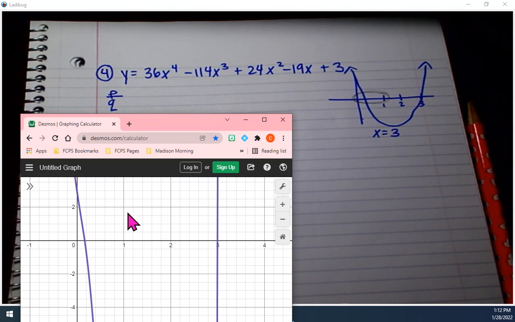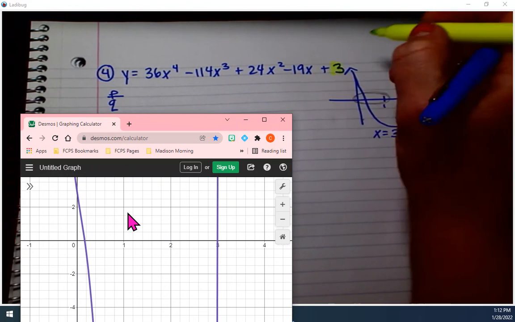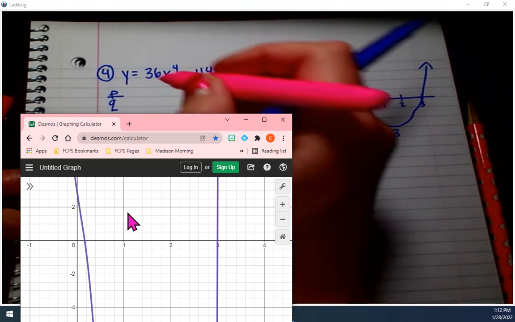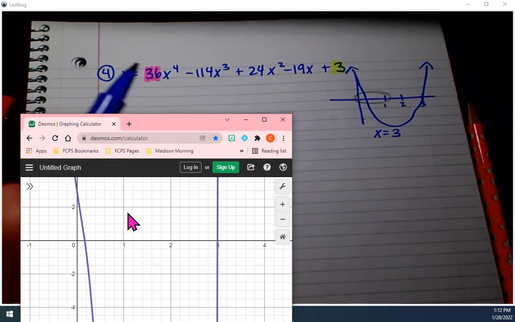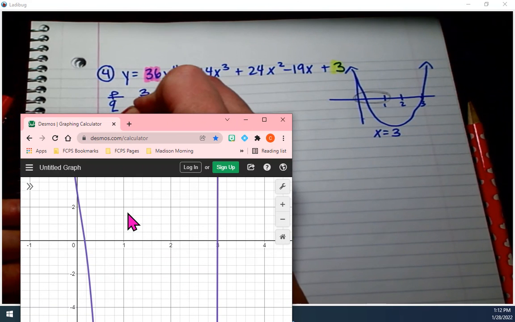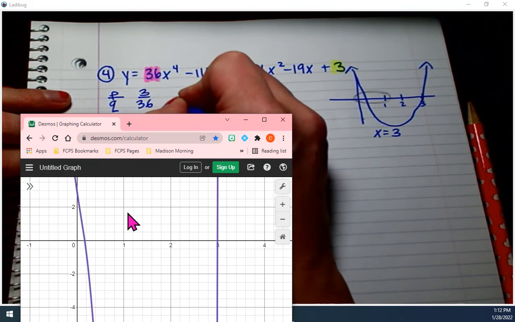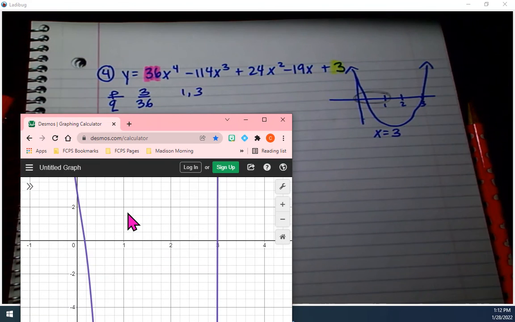Okay, so last, as this one gets a little tricky, see if we can do it. Last and first. Okay, so 3 is not that bad. It's just 1 and 3.